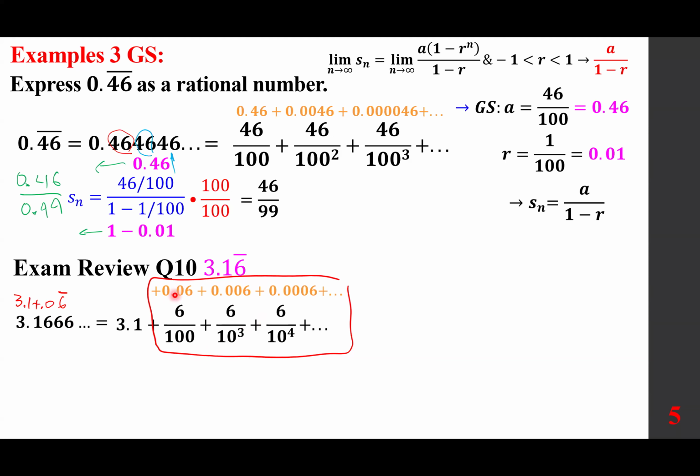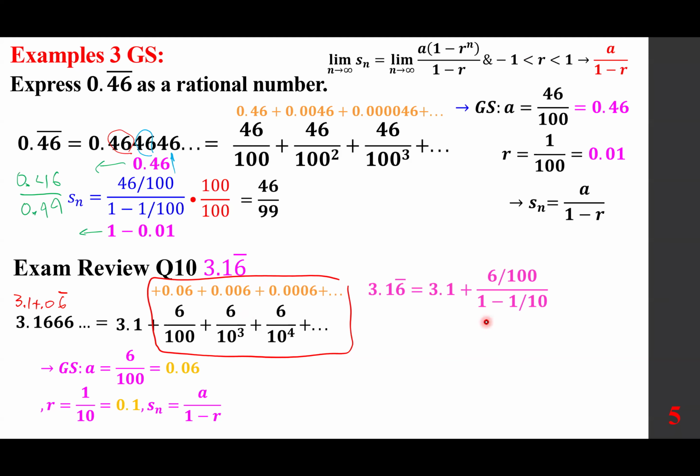Here's the first term, A, and R is 1 over 10, which means because it's between -1 and 1, I can use A over 1 minus R. So this is 3.1 plus this part using A over 1 minus R.